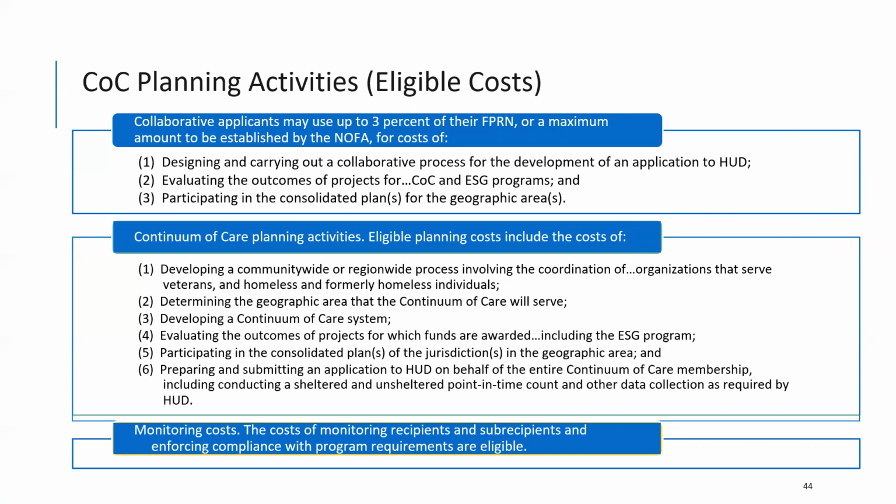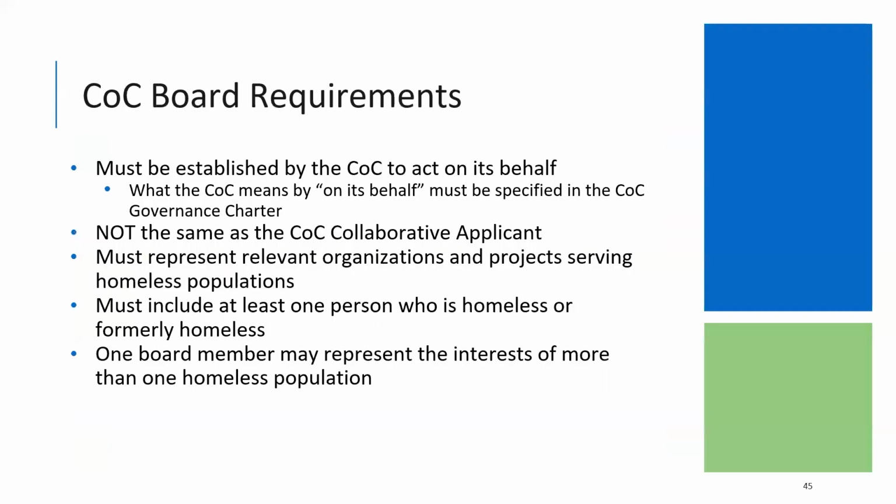You can also use it to evaluate outcomes of projects, including CoC and ESG funded projects, and submitting your application to HUD, as well as the costs of monitoring both recipients and subrecipients and enforcing compliance. These are all eligible CoC planning costs. So again, the collaborative applicant can get up to 3% of the CoC's annual award and use that for planning activities, which is really just the ins and outs of operating the CoC on a day-to-day basis.